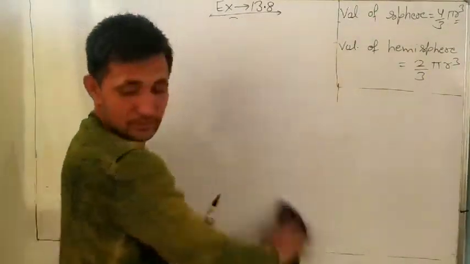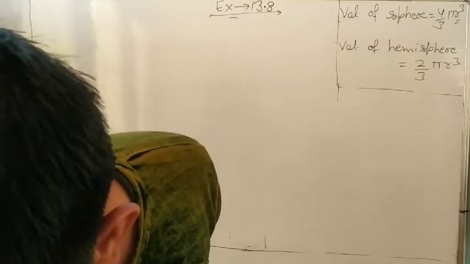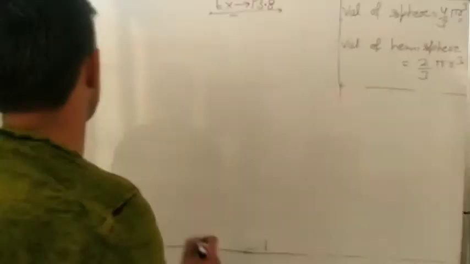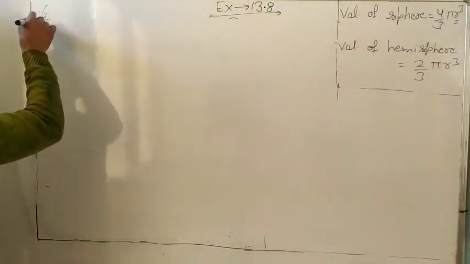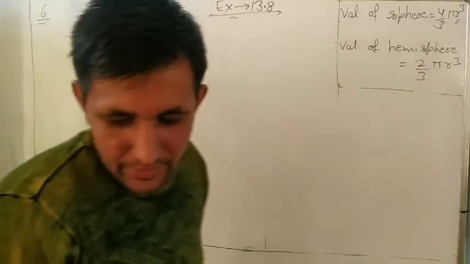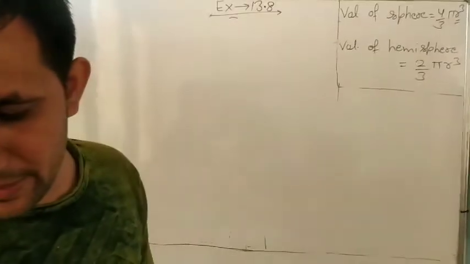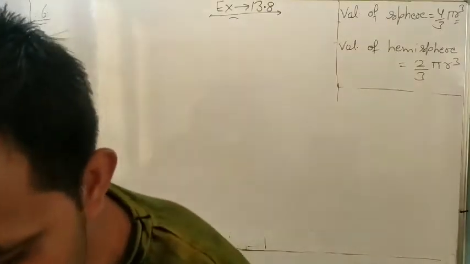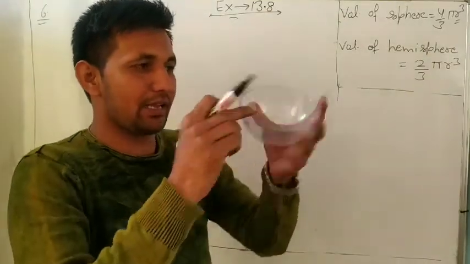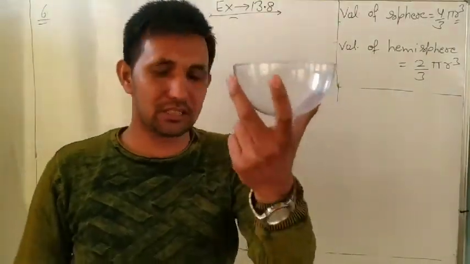Next question. Question number 6. A hemispherical tank is made up of an iron sheet of thickness 1 centimeter. The tank's shape is like this hemisphere.